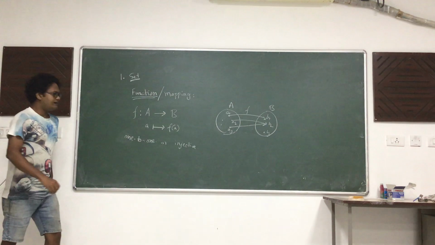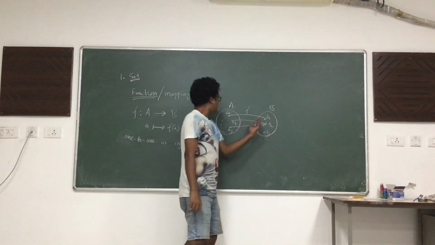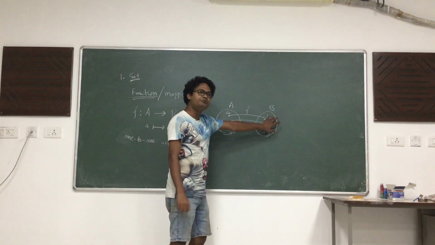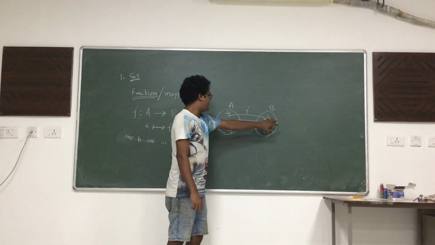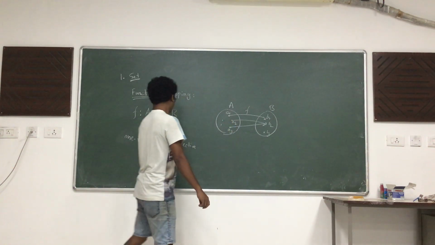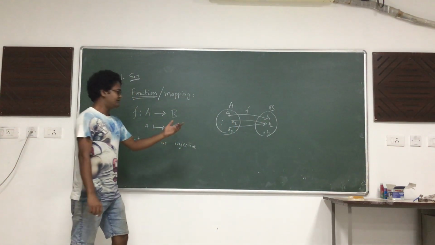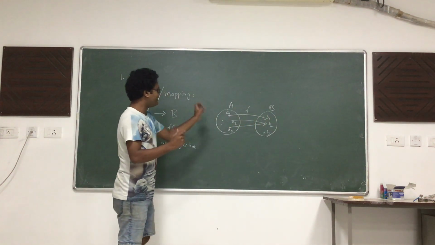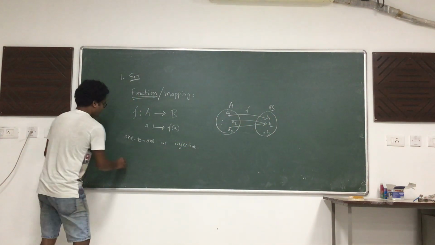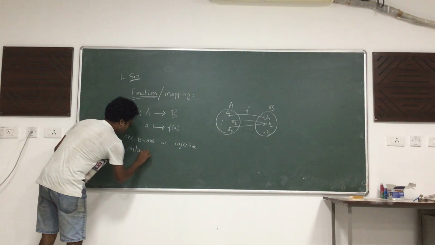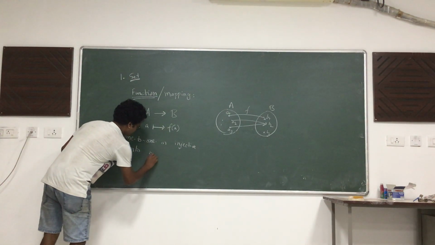Another thing that we saw is that it is not necessary that all the elements of B have images in A. But if all the elements in B have pre-images in A, then we call it an onto mapping, or surjective.